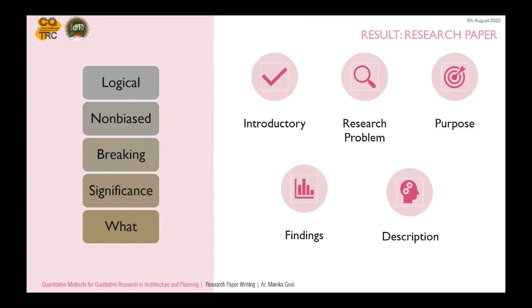If you divide it into different heads, the first is the introductory content, where you help the reader understand the result by restating the research problem that underpins the purpose of your study. Then you give a summary of your key findings arranged in a logical sequence that generally follows the methodological section.